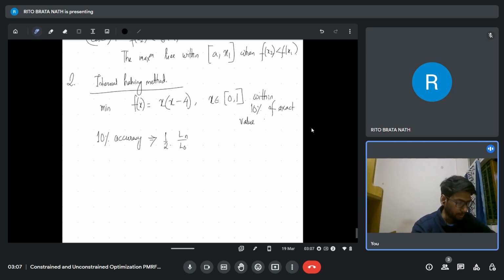These are the lengths of the interval. To begin with, the length of the interval is L naught, and in the next, suppose you pick this one, this is your L1, and probably this could be your L2.